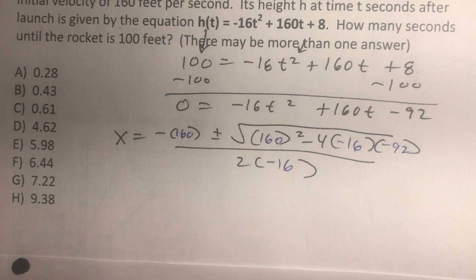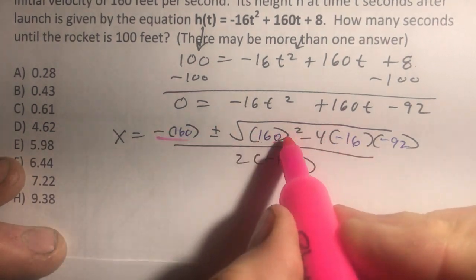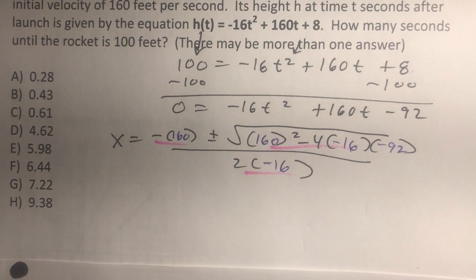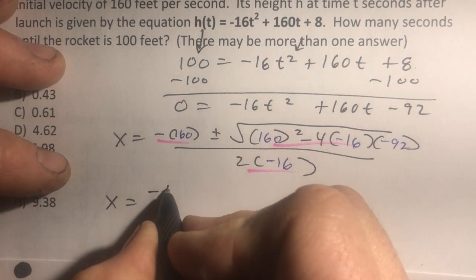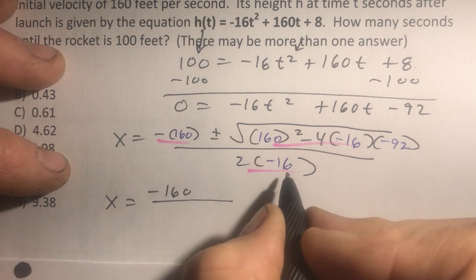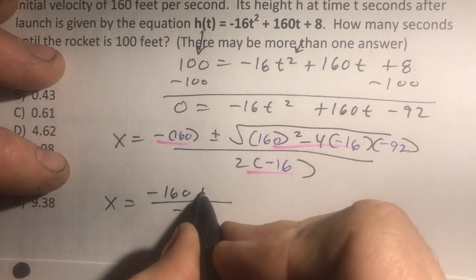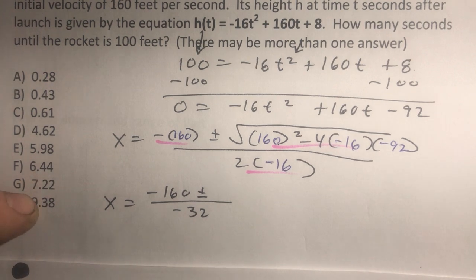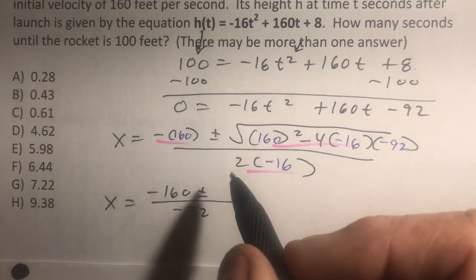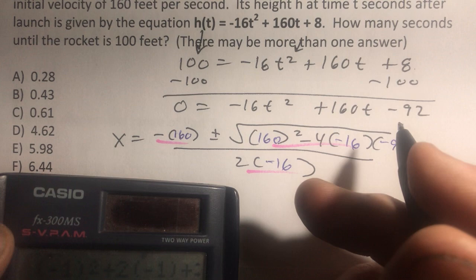All right, just like we've done twice already, we've got 3 things to do at one time. So x is going to equal negative 160 right there. Down here I've got negative 32. Now this time, since these are decimal answers, I'm going to punch this in the calculator.